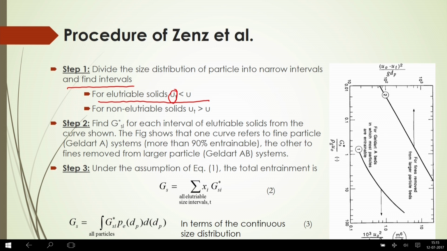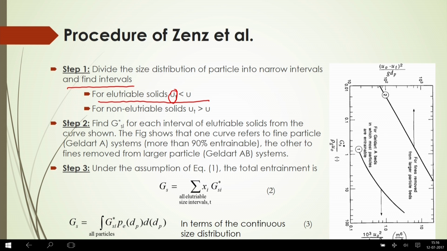In that case the terminal velocity should be less than the fluid velocity, then only those solids will be elutriable. And for non-elutriable solids, the terminal velocity of the solids will be greater than the fluid velocity. Of course, the coarser particles whose terminal velocity is higher than the fluid velocity will not be entrained at all.